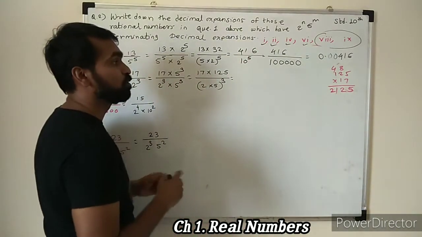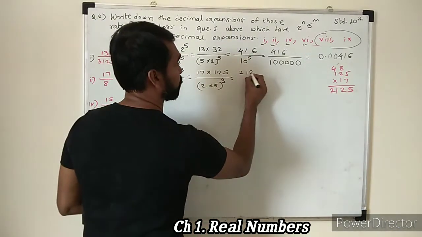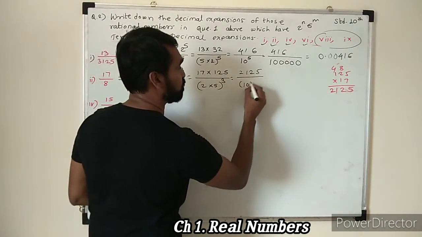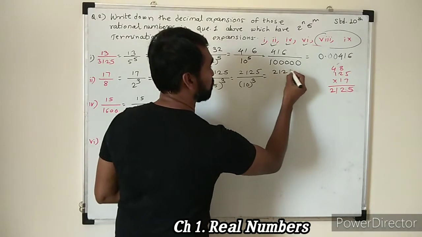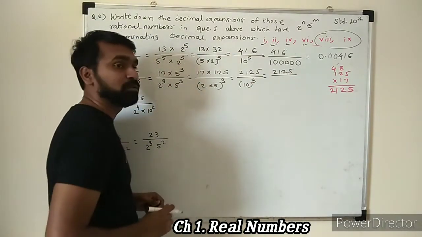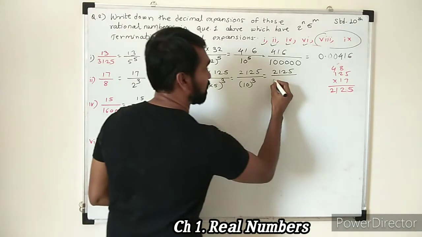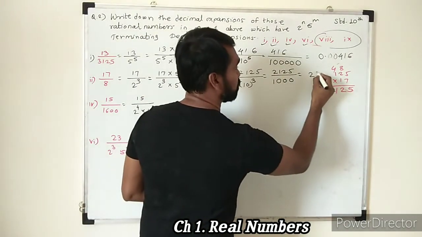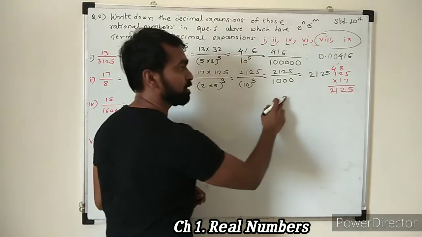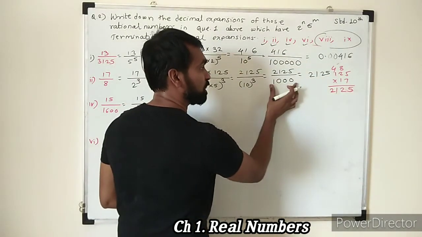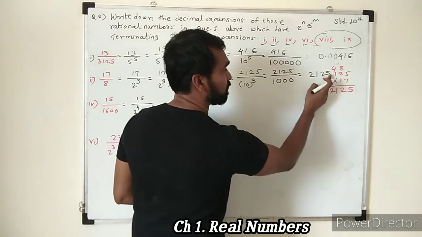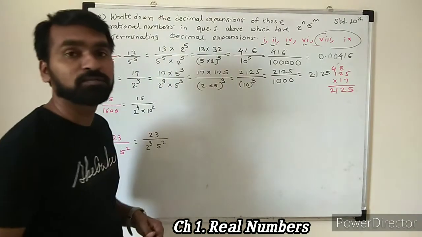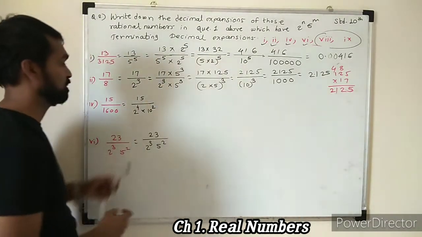So the number is 2125 upon 2 multiplied by 5, that is 10 raised to 3, which means 2125 upon 10 raised to 3, which means 1 and 3 zeros, that is 1, 2, 3. So what is the answer? Here you write 2125. After the point, that 1000, how many zeros? 3 zeros. So here 1, 2, 3, that is the point. So the answer is 2.125. That is the answer.